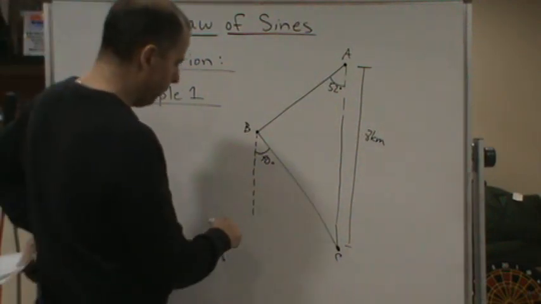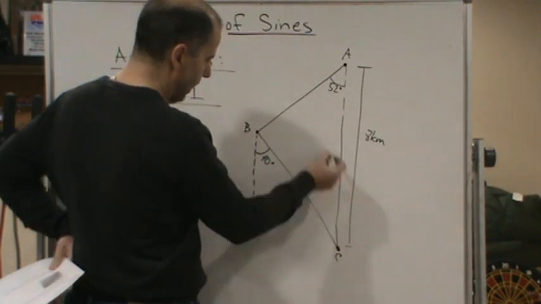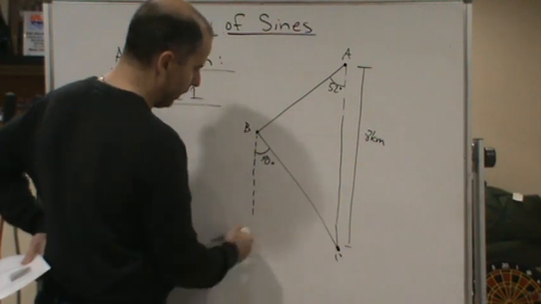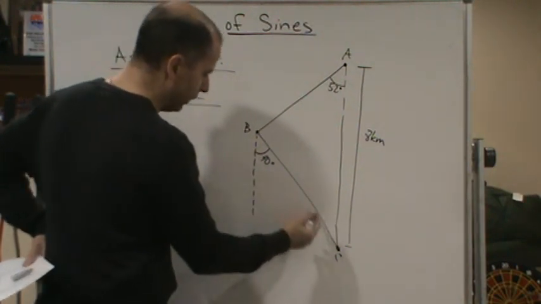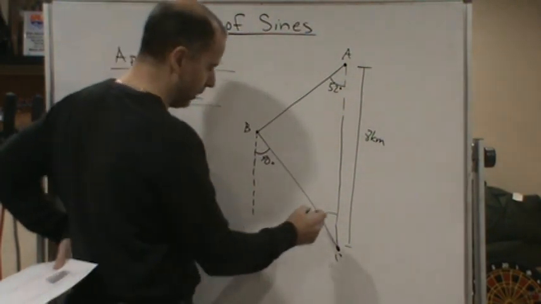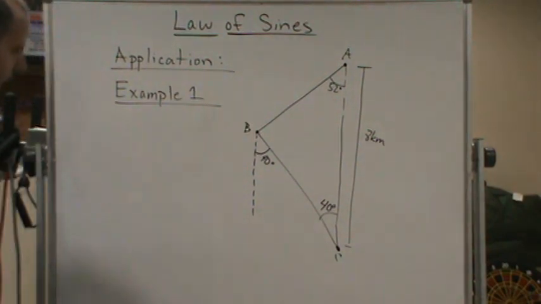So we know, because this is directly south, this line is parallel to this line, so that makes this line segment a transversal, so that we know that alternating interior angles are congruent. So these two angles have to be the same. Okay?